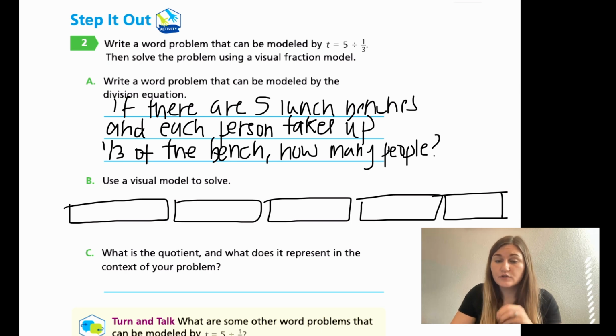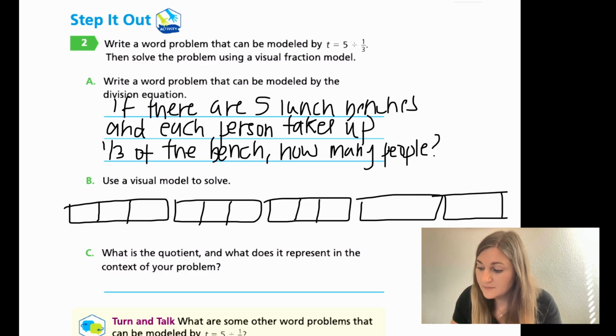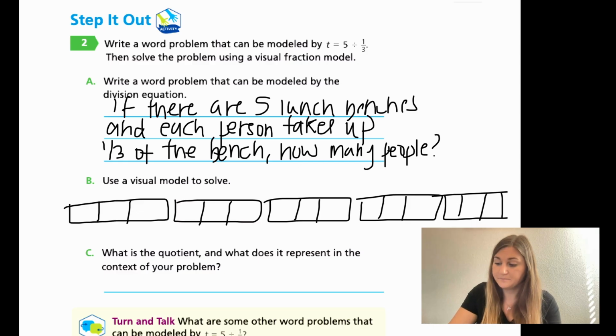So your visual model should be pretty much the same as mine because we all started with 5 and we're all dividing them into thirds. If yours are circles, that's great too. So each bench is going to be marked into thirds because one person takes up a third of the bench. So these, I'm kind of making seats on the bench, right? How many people can we sit down?